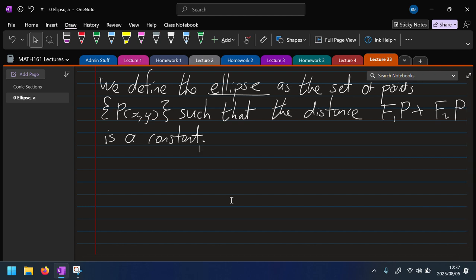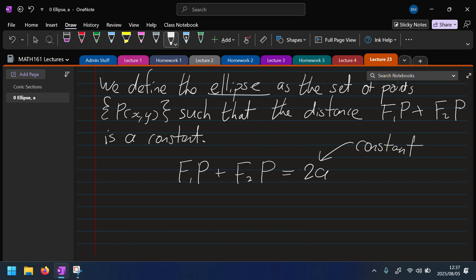It was the distance F1 to P plus the distance F2 to P. This is equal to a constant. So we're going to say this is equal to 2a. The 2 is just to make the equation look nice. You can call it a if you want, but if we call it 2a, it helps neaten things up at the end. But altogether, this is a constant.